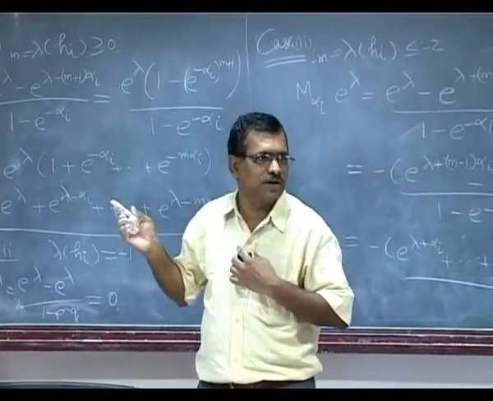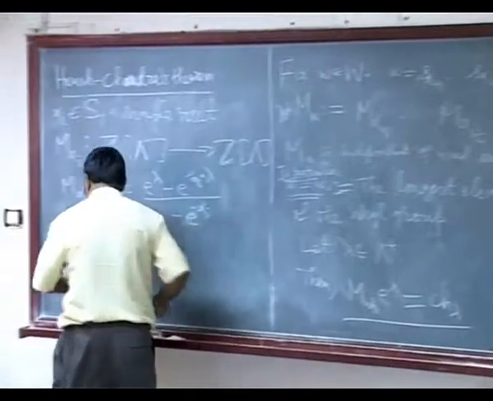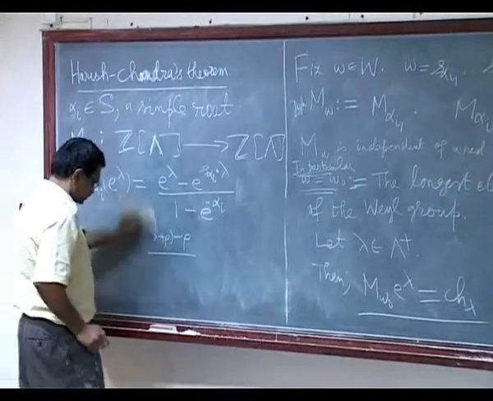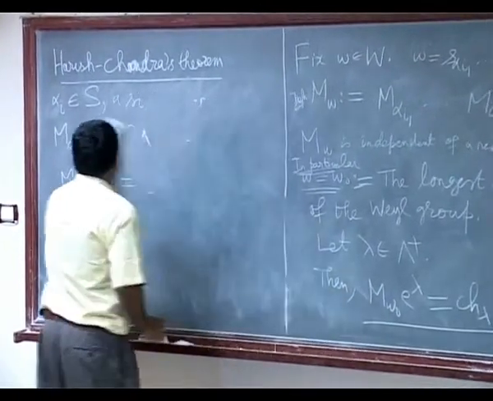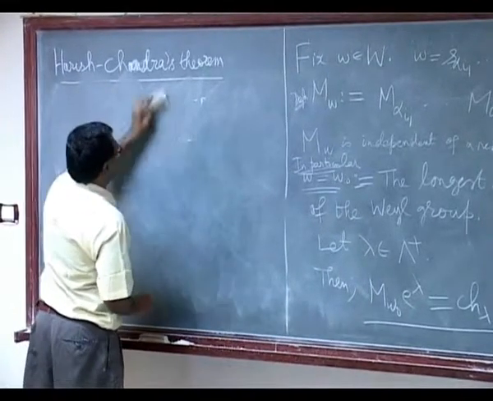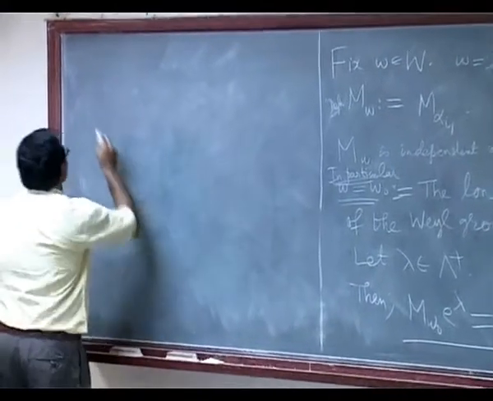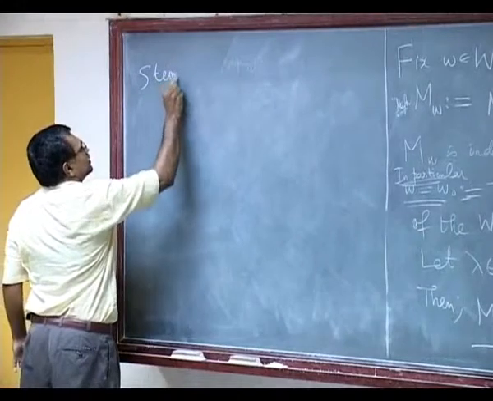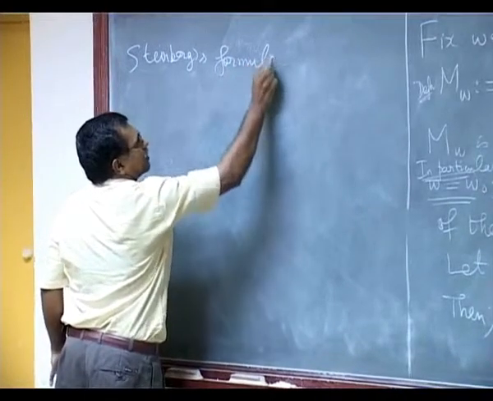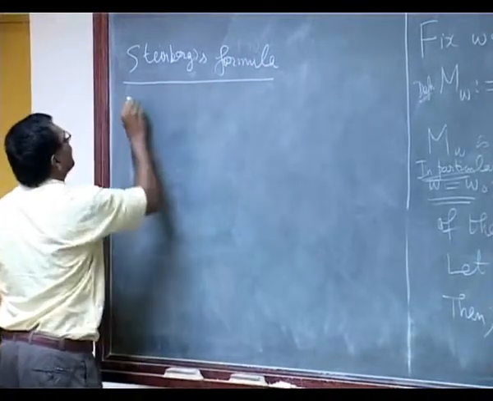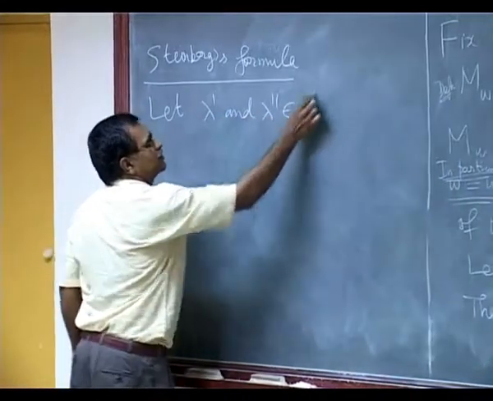Can I state the Steinberg's formula? So I have time here. Let lambda prime and lambda double prime be two dominant weights.